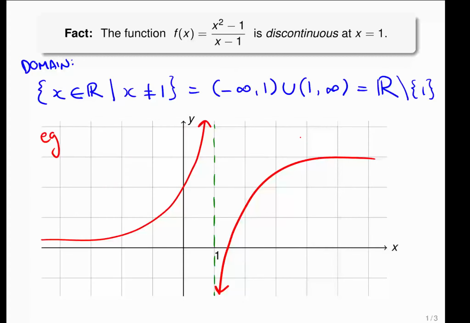And if the discontinuity was a vertical asymptote, then the function will be approaching either infinity or minus infinity, as x edges closer to 1, which is not the case here, since we know that the function is approaching a finite number, that is, 2.